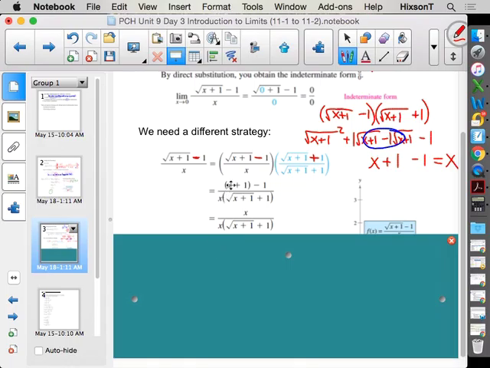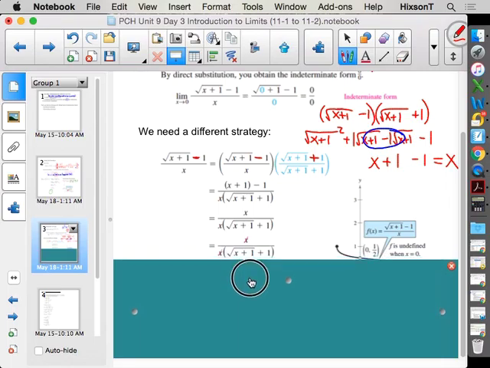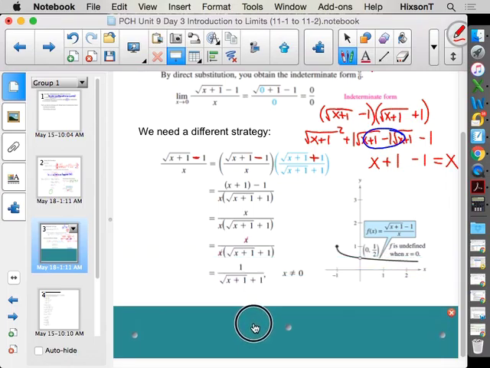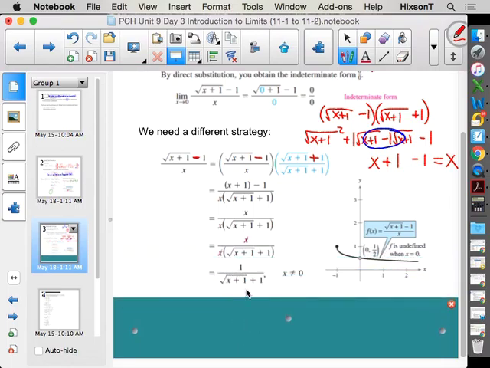This x on the denominator was what was making the denominator be 0, right? X was approaching 0, it was over x, so obviously x ended up being 0. Notice what happens again. This is where this method is similar to what we just did. So x over x cancels out, and now I have just a 1 over square root of x plus 1 plus 1. Okay?